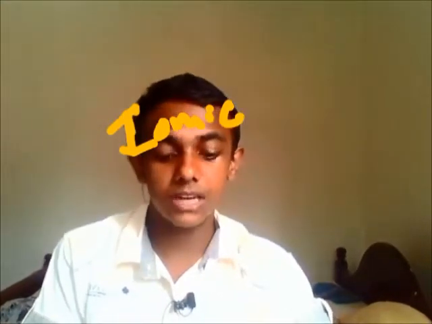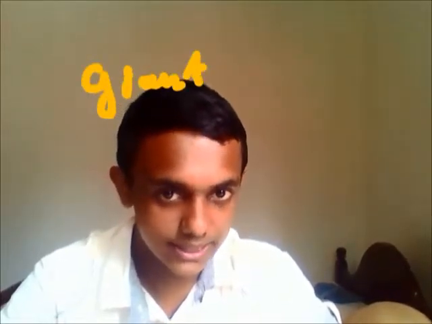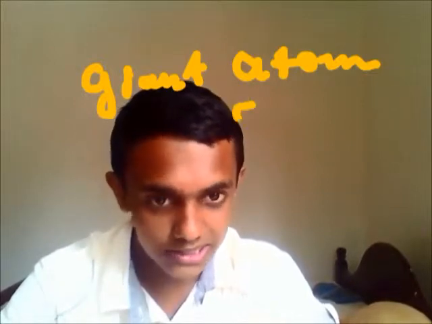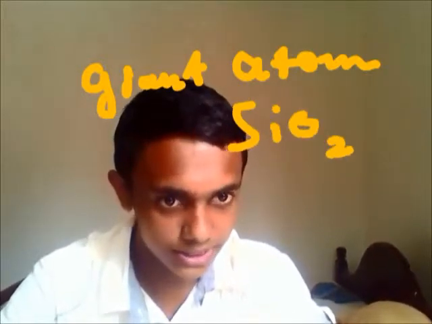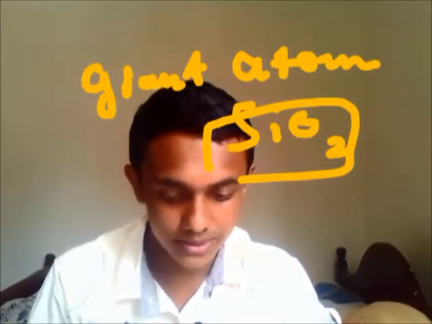Covalent substances. When talking about covalent structures, it's really important that you know that covalent structures can be giant atomic, such as diamond, graphite, or quartz. SiO2 is also a giant atomic structure.